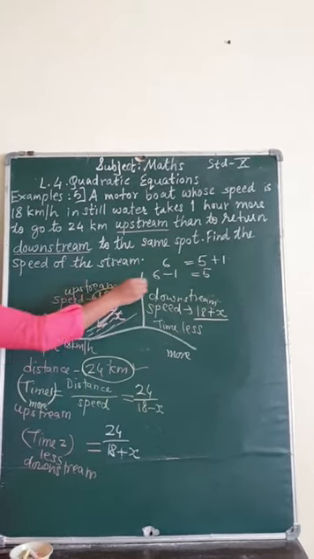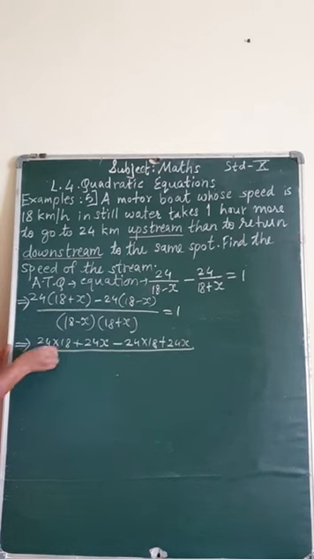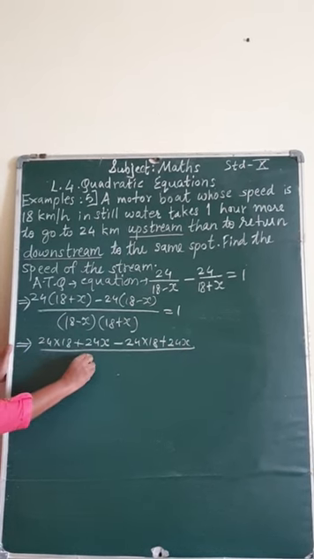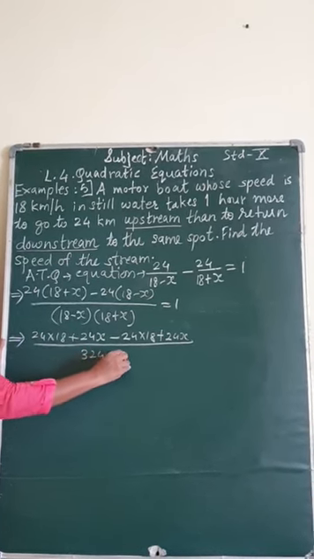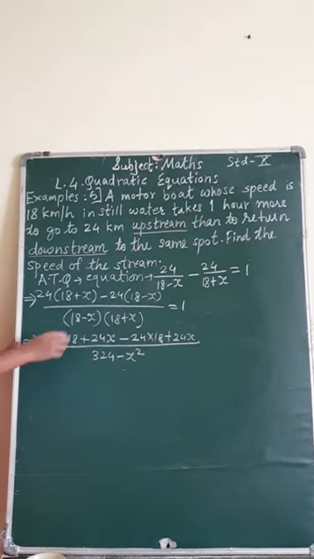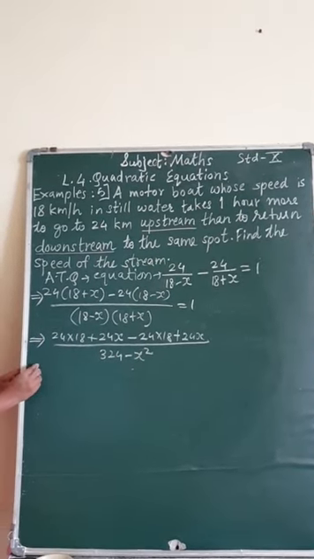So here 24 into 18, and 24x, minus 24 into 18 plus 24x, upon 18 square, which is 324 minus x square. Here we are using the identity (a plus b)(a minus b).